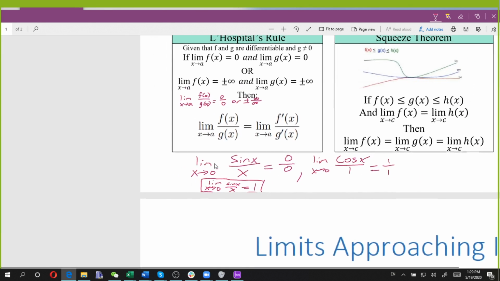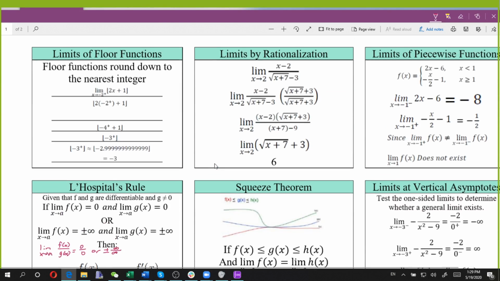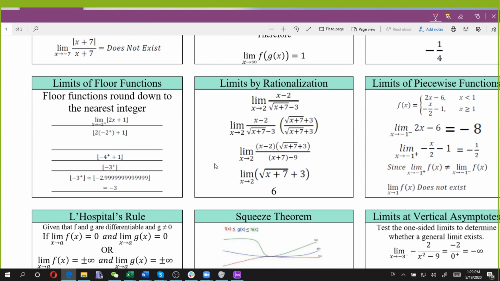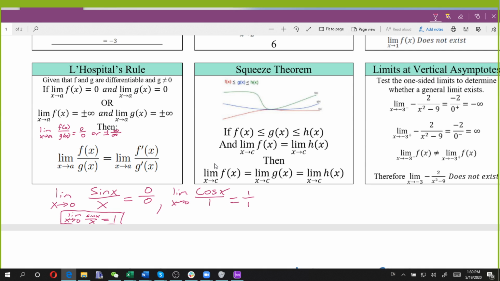Okay, this can shortcut through a lot of the extra factoring problems that you had earlier. A lot of the limits by rationalization could be solved this way. You don't have to know it for your final, but you can save time if you can use it.